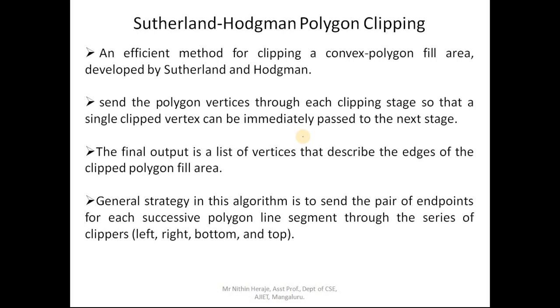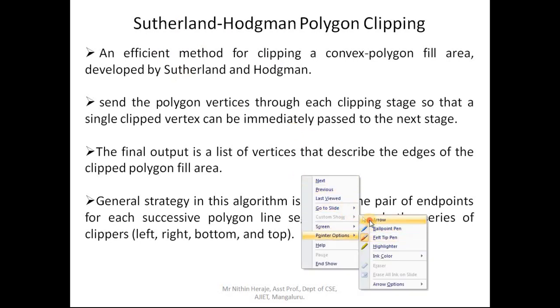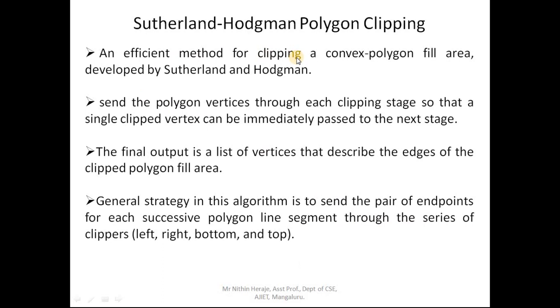So we had seen Cohen-Sutherland line clipping algorithm, that is for line clipping. Now for the polygon clipping, we have Sutherland-Hodgman algorithm. Okay, this is for polygon clipping. So we'll look into this algorithm, what it is. An efficient method for clipping a convex polygon fill area developed by Sutherland and Hodgman.